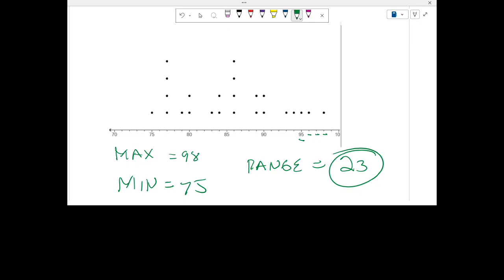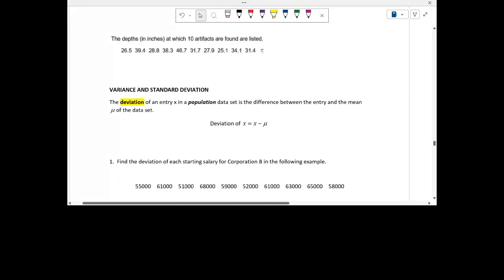Okay, so let's scroll back over here. And again, let's go ahead and find the range one more time. The depths in inches at which 10 artifacts are found. So we've got a bunch of archaeologists out there with their little paintbrushes, brushing away the stuff, digging down, trying to figure out if they can find certain artifacts.